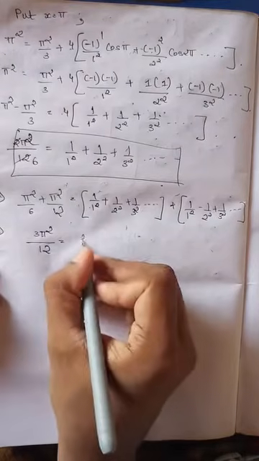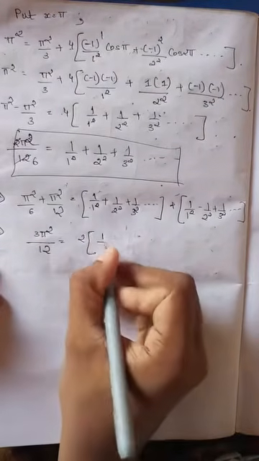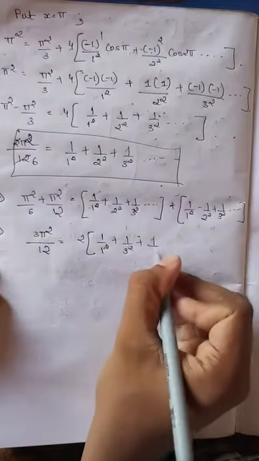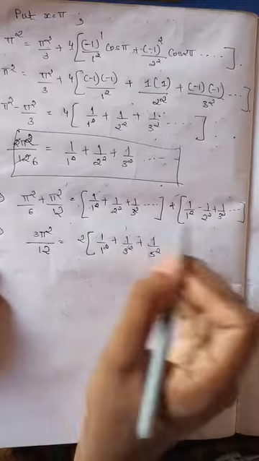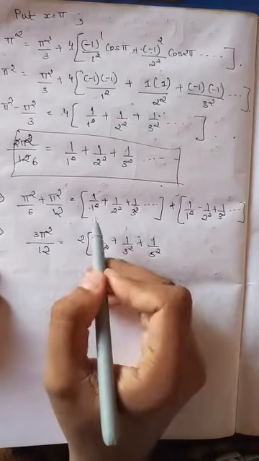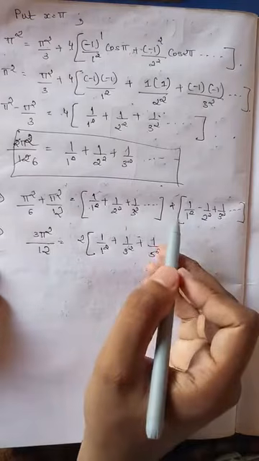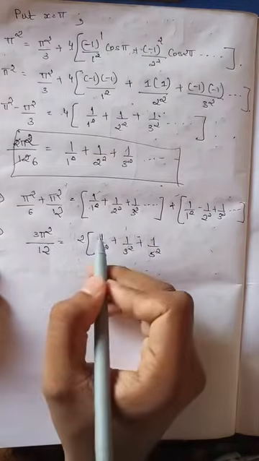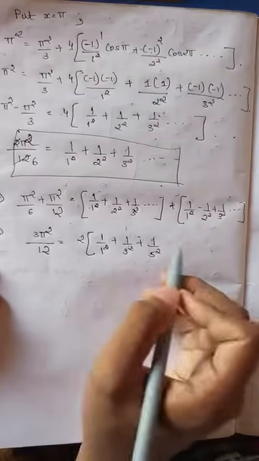So now let's write it, 2 into 1 by 1 square plus 1 by 3 square plus 1 by 5 square. In all the cases, all the odd terms are repeated, like 1 by 1 square plus 1 by 1 square, 1 by 3 square plus 1 by 3 square. So I just took 2 outside and I wrote all the odd terms.